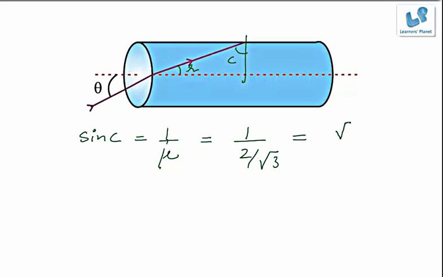So sin c will be given by root 3 by 2, or c is 60 degree. Now if this angle is 60 degree, therefore this angle at this point will be 30 degree, because r plus c will be 90 degree.